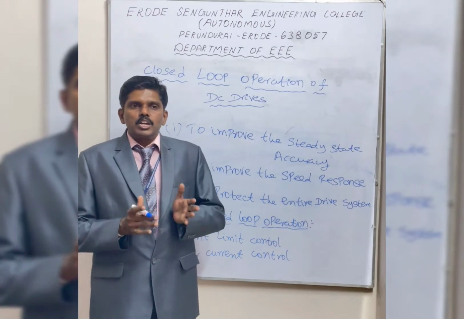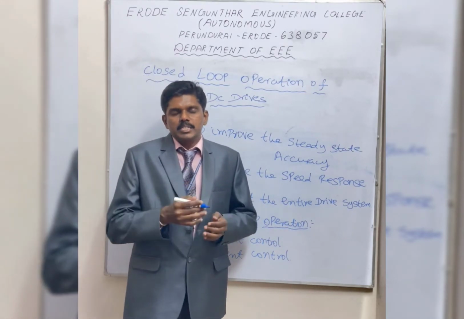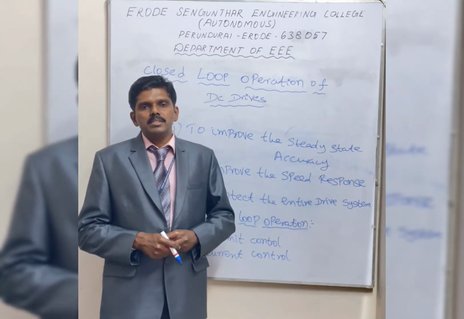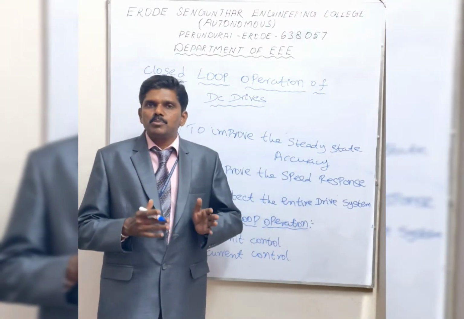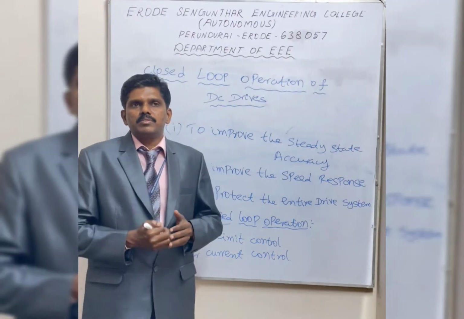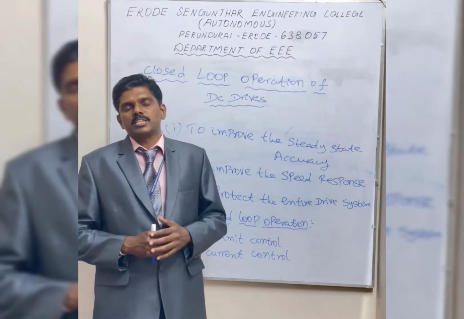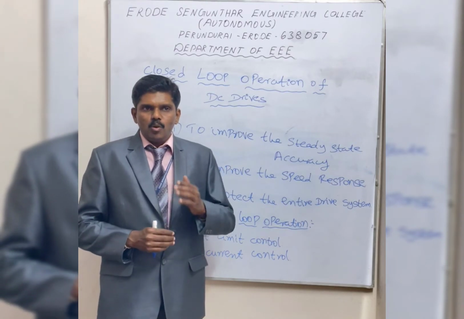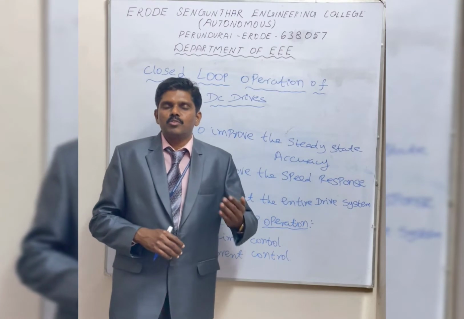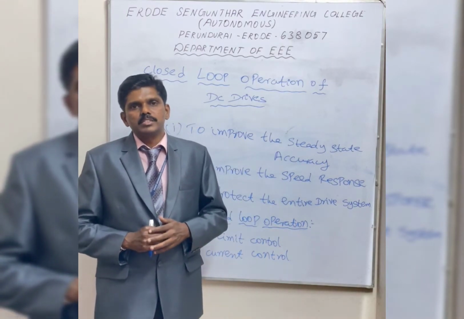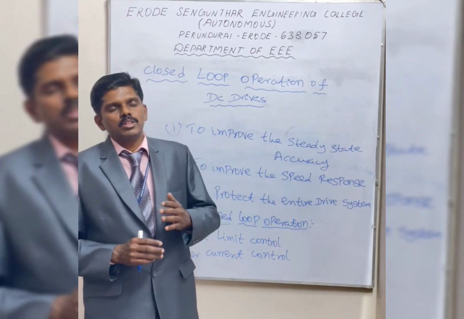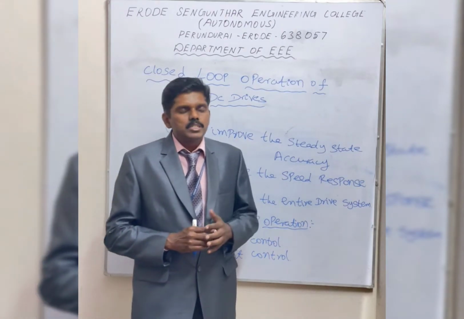If you want to control the speed below rated speed, that is, from 0 to the rated value, we have to go for armature voltage control. If you want to control the speed above the rated speed, we have to go for the field weakening method. So these are the two important methods to control the speed of the DC motor.